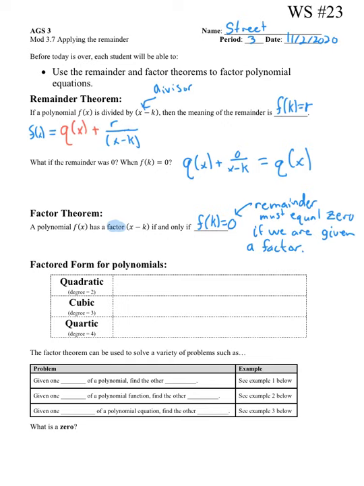Now, that's all kind of weird, but what we really want to focus on here is once we prove a remainder equals 0, we want to factor the entire equation as well.